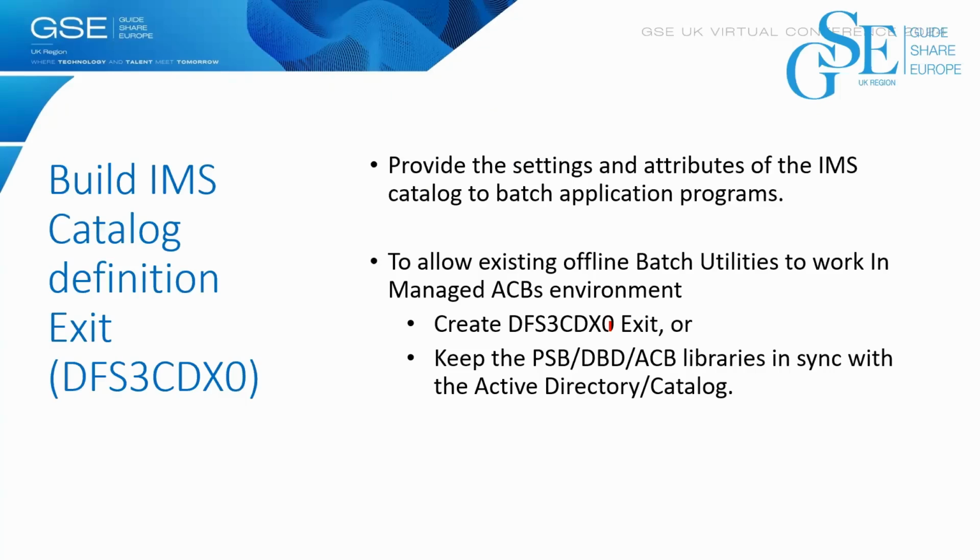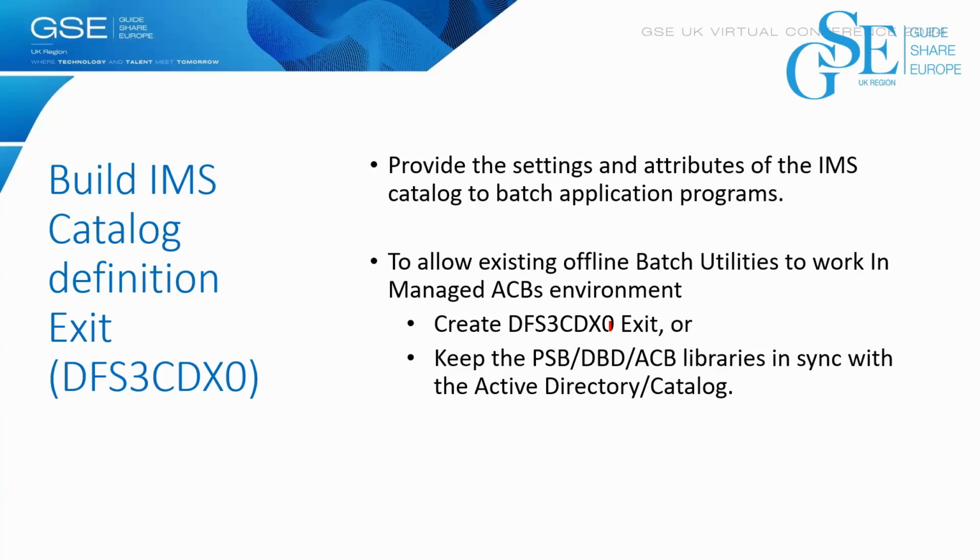Now let's talk about the catalog definition exit, DFS3CDX0. What this exit basically does is provide the settings and the attributes of the IMS catalog to the batch application programs, like whether you are running with the managed ACBs environment or not, what the high level qualifier of the data set is, all those attributes which are required to read the application and the database control blocks.